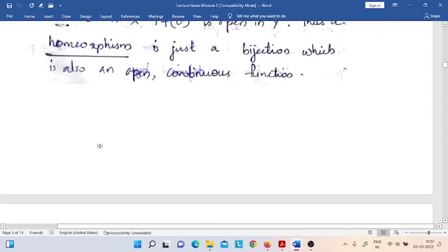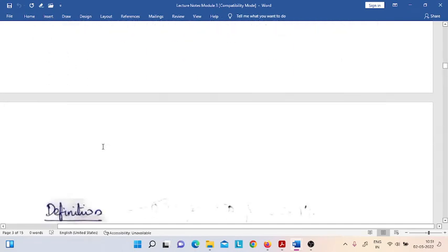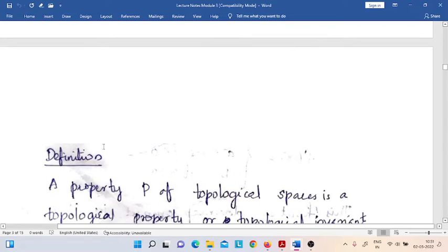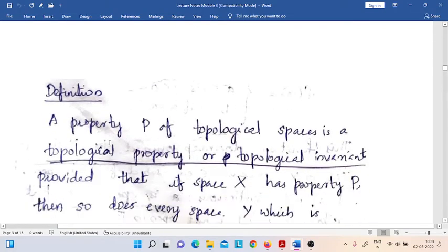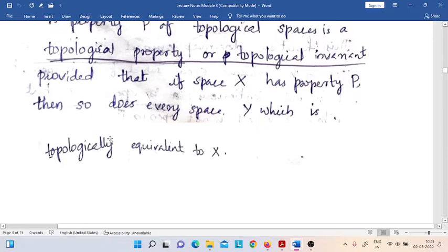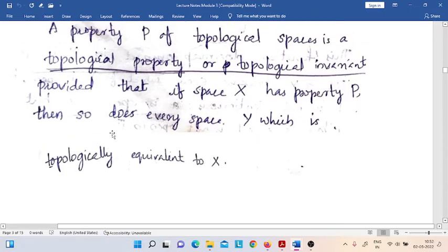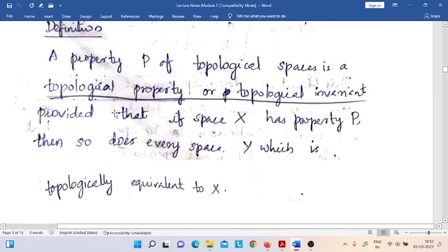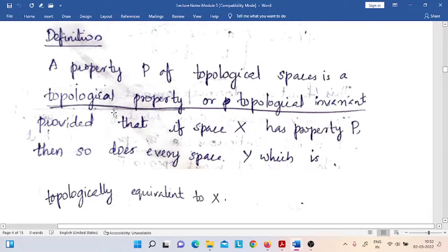Next, we are going to see another definition. It's about the topological property. The definition gives us a clear idea about how we could define the concept of topological property, or the concept of topological invariant. A property P of a topological space is a topological property.